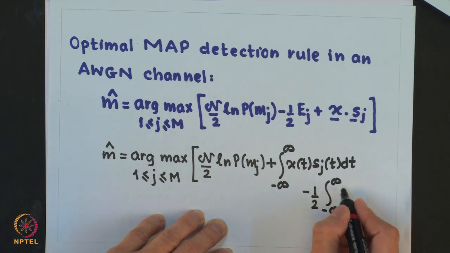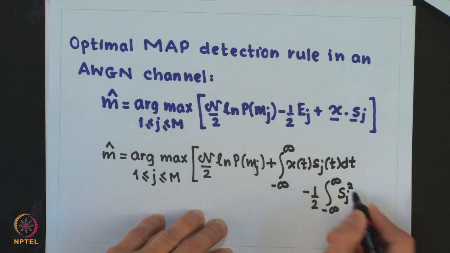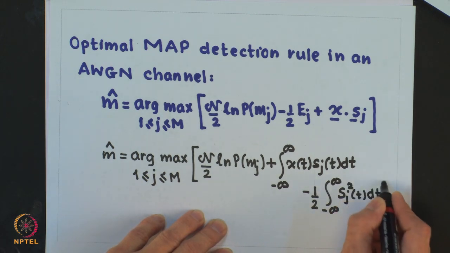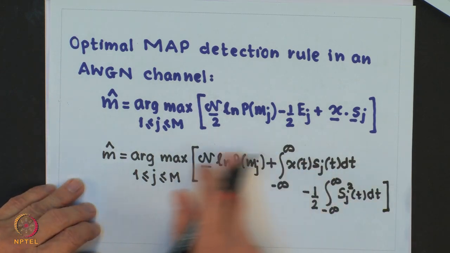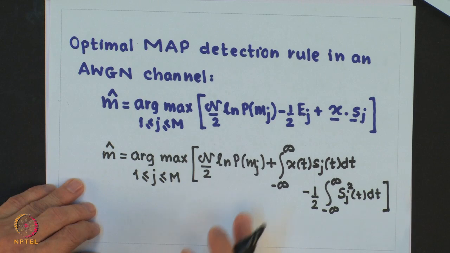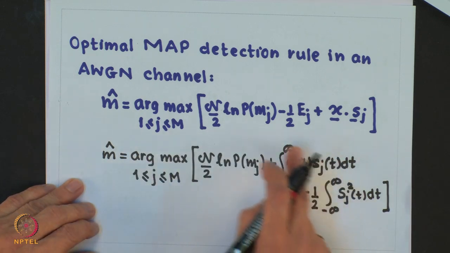So, this is also rewritten in this format. Fine. So, this becomes your optimal MAP detection rule for your continuous AWGN channel.